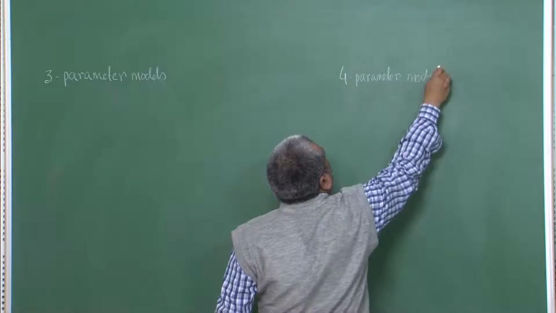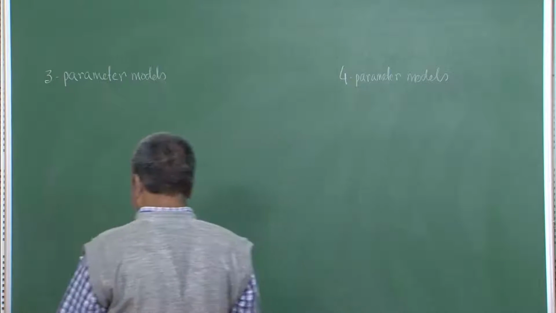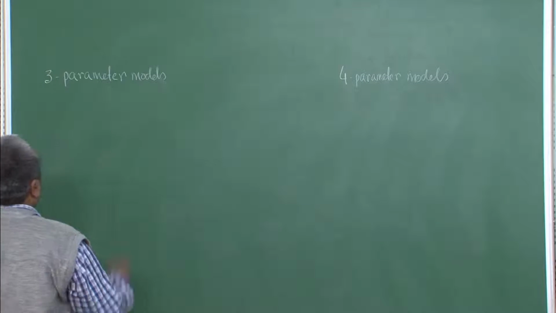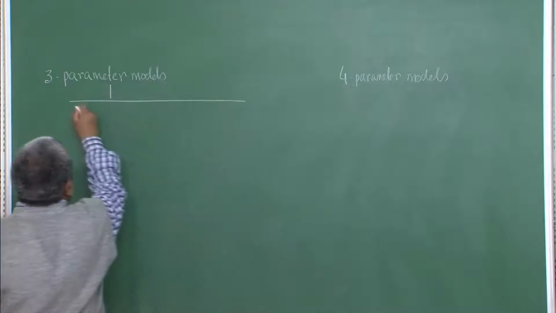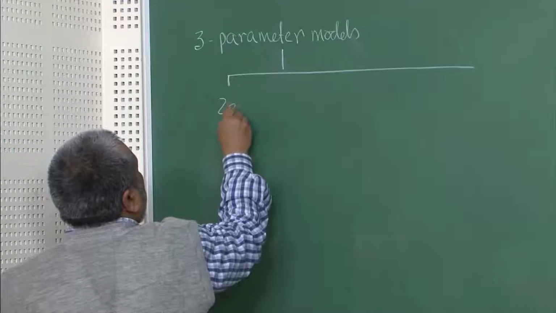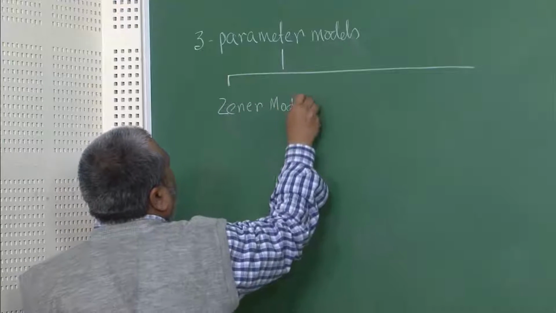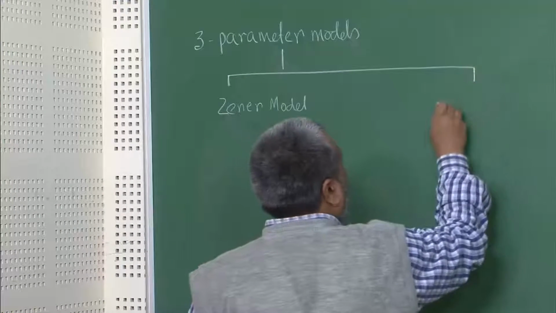You can even go for even higher order models, but at least this will be good enough for most of the observations. Now, in the 3-parameter models, we will have two variations of it. One is called Zener model and another is called anti-Zener model.